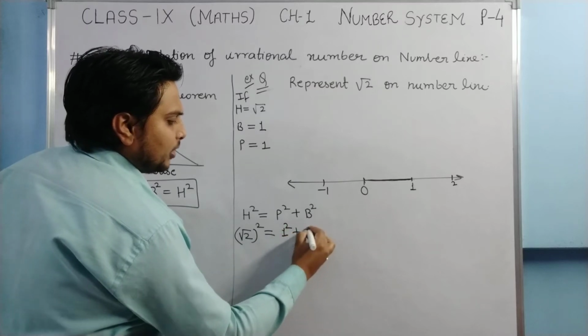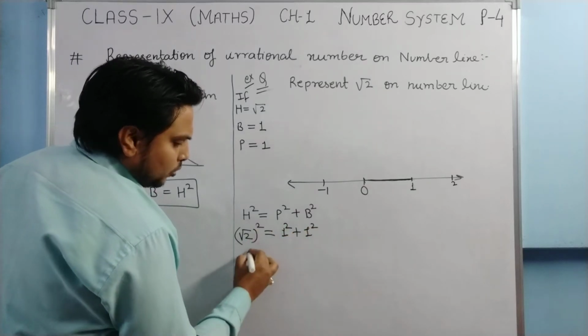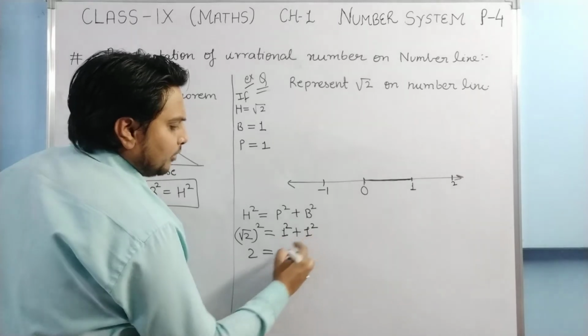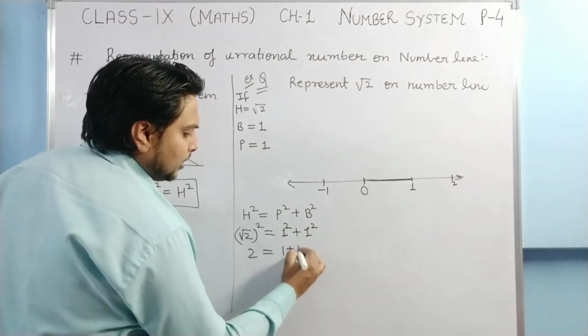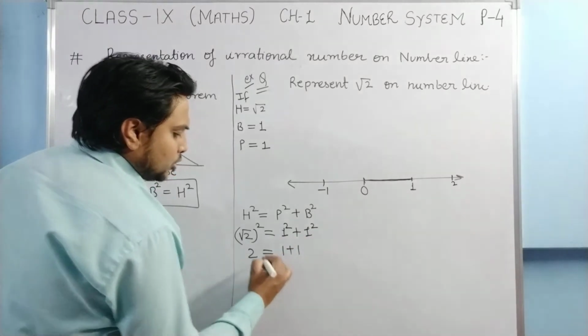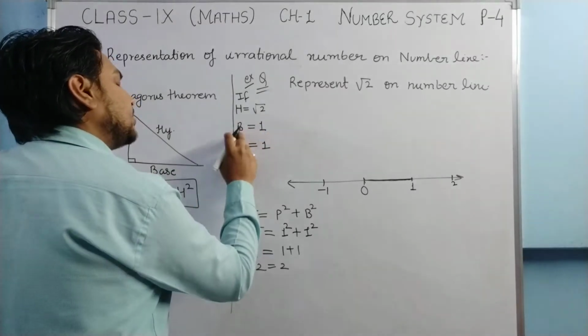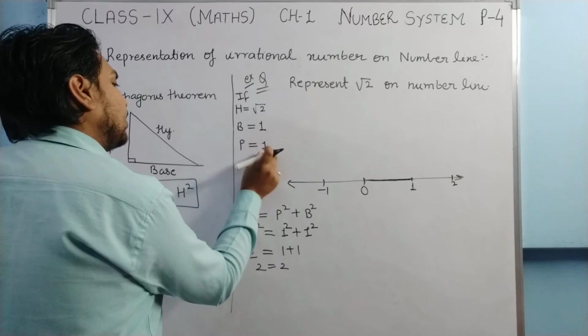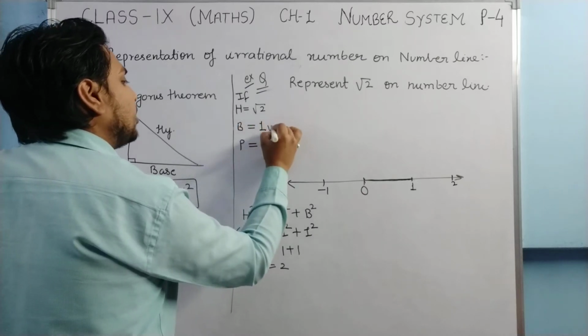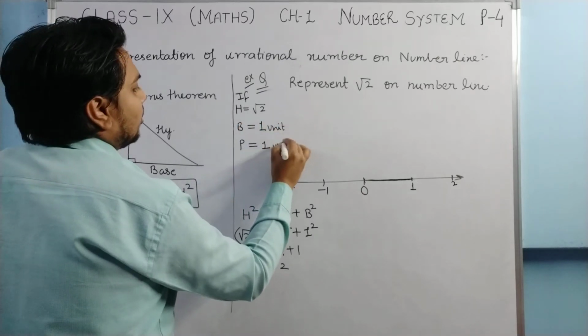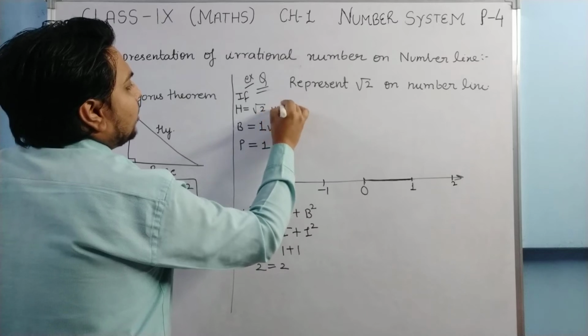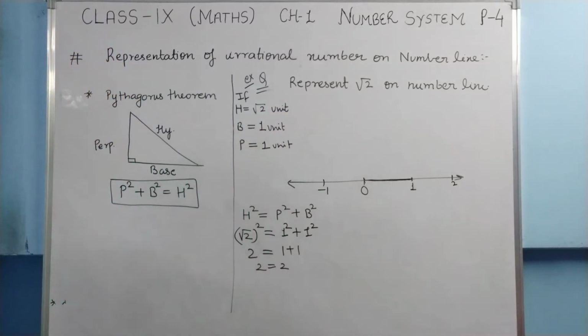So it will be 1 square plus 1 square. Under root 2 square is equal to 2, and 1 square plus 1 square means 1 plus 1, that is 2. So we can see that for perpendicular as 1 unit and base as 1 unit, we get hypotenuse as under root 2 unit.